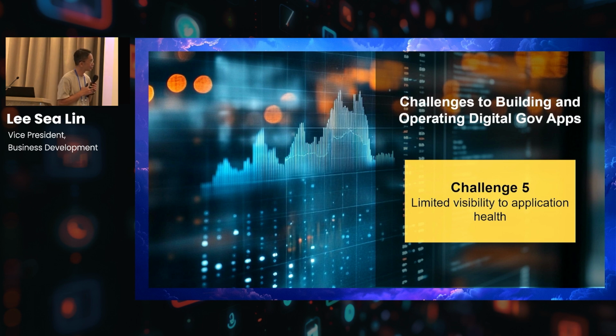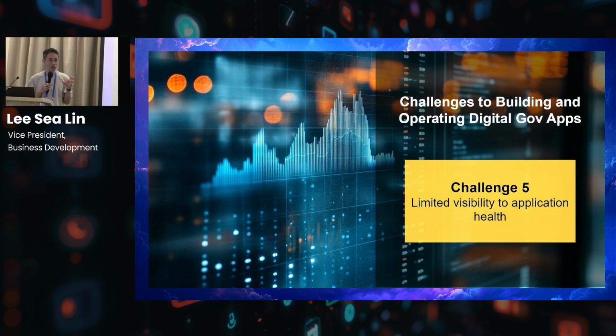And the last challenge is limited visibility into application health. The apps that we build today are really very complex, especially when they are made up of many different microservices running all over the place.